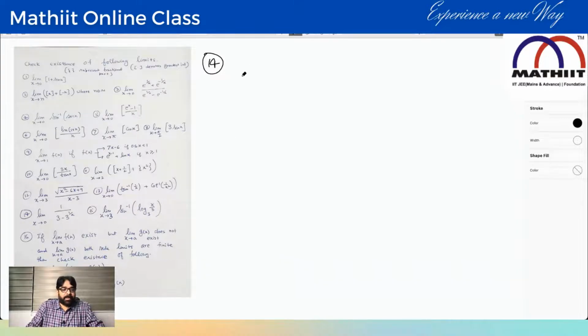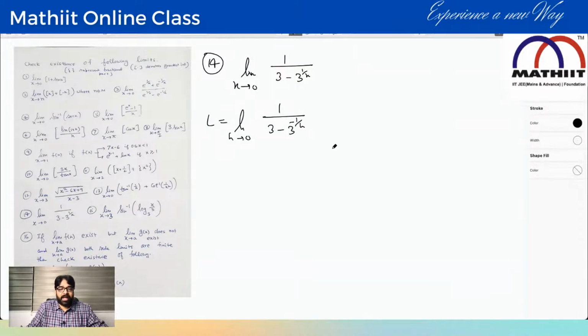Very simple question. Limit x approaches 0, 1 by 3 minus 3 power 1 by x. Left hand limit, h approaches 0, 1 by 3 minus 3 power minus 1 by h. Watch carefully. Y equal to 3 power x graph, you remember?